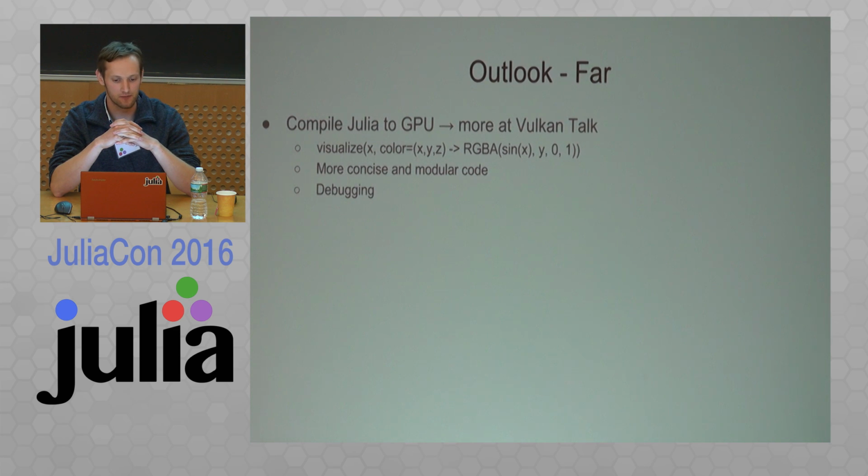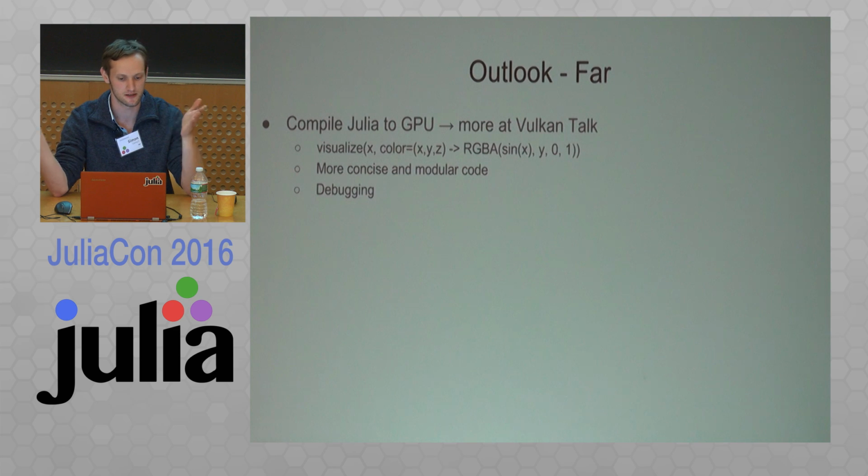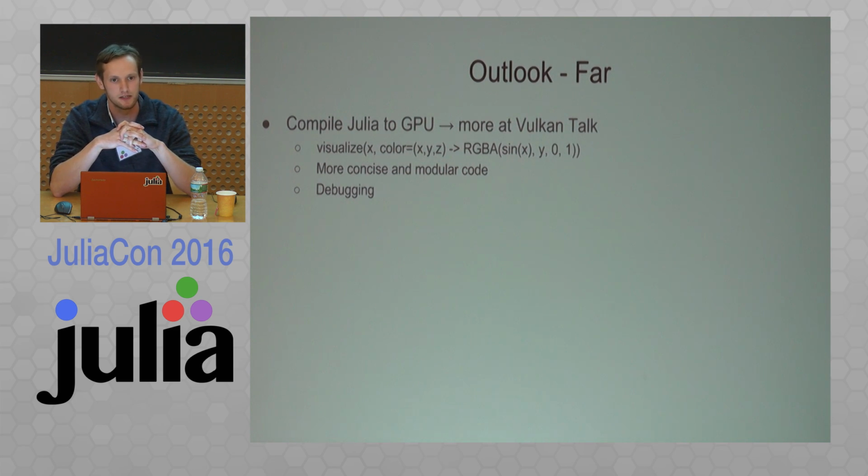So that would also be great for that. And of course, debugging. In OpenGL, there's almost no debugging. You can't really debug your shader code. And if you would actually write it in Julia, you could just execute it as Julia code and then have the same debugging capabilities. Or Vulkan actually offers a lot there as well.